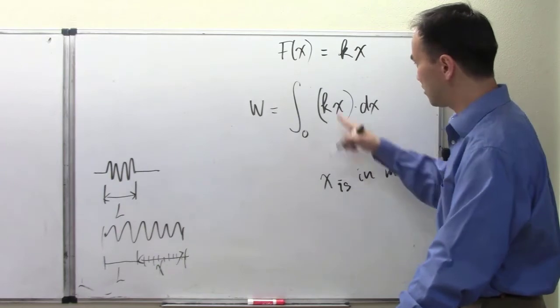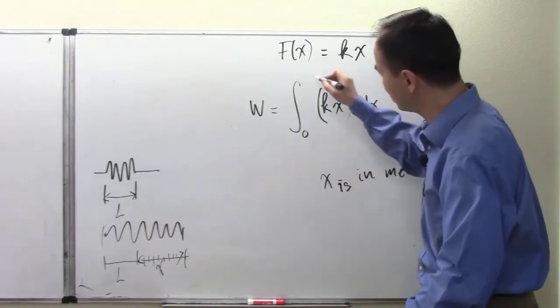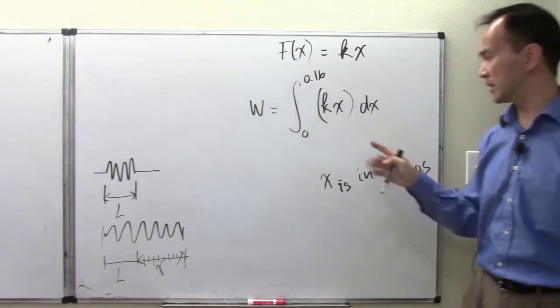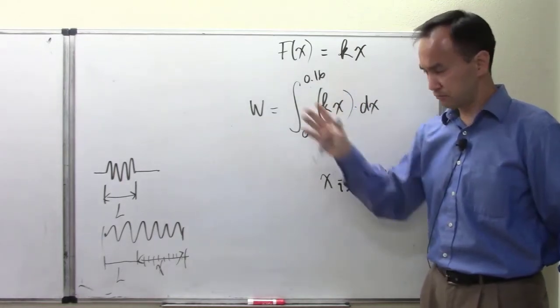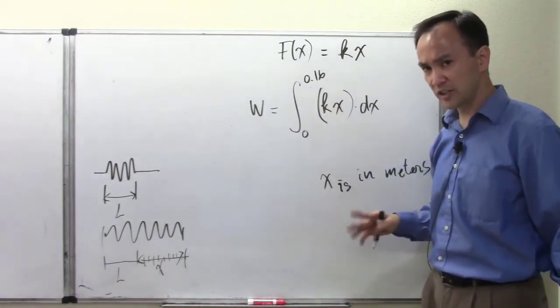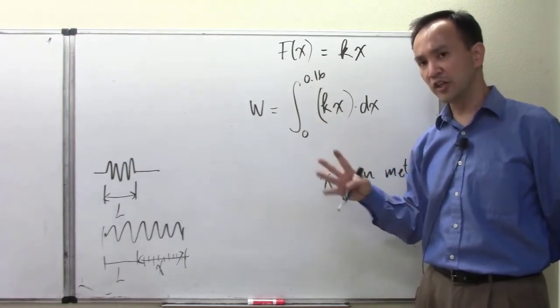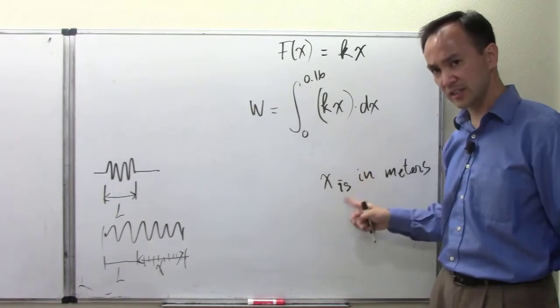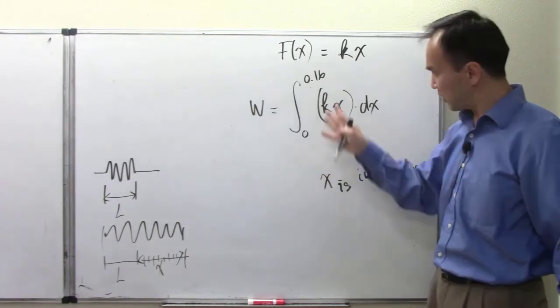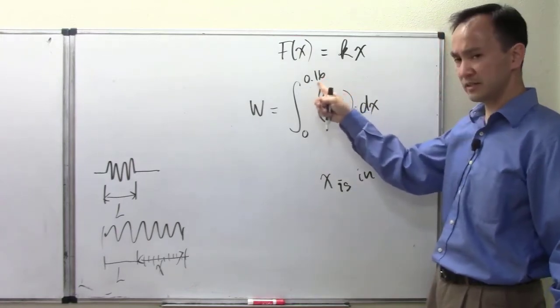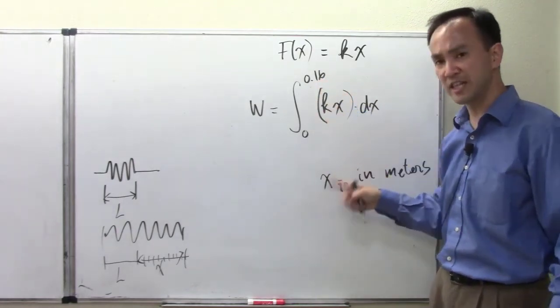Our problem is in centimeters, so we have to write this as 0.16, because when using the international unit system for work and force, in joules and newtons, the distance is in meters. So we express 16 centimeters as 0.16 meters.